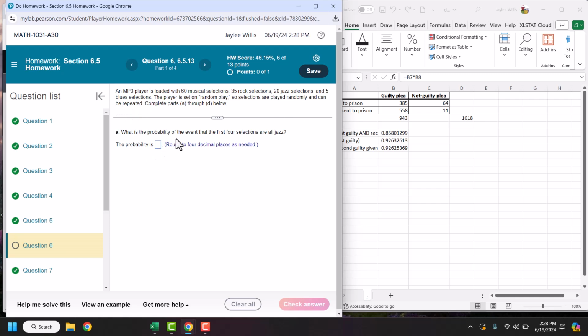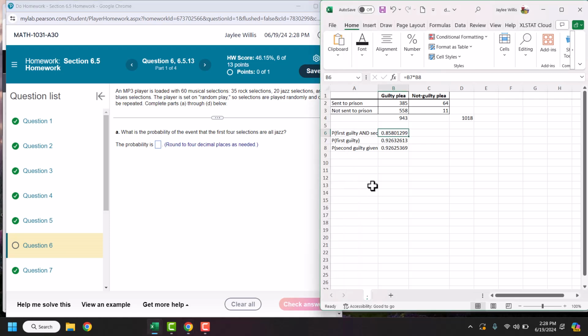And if you're asked to find the probability that the first 4 selections are all jazz, the way that you would calculate this is by taking 20 out of 60, because that's the probability that the first one is jazz. And then you want the second one to also be jazz, and the third and the fourth one.